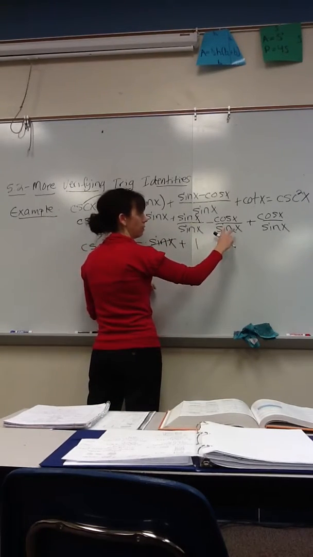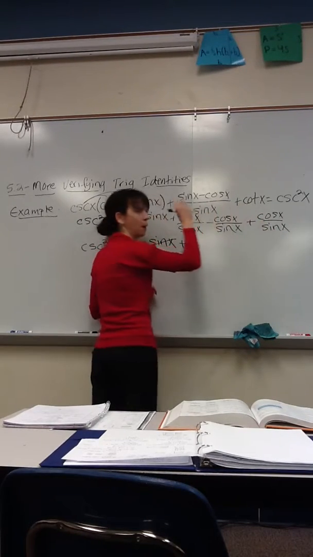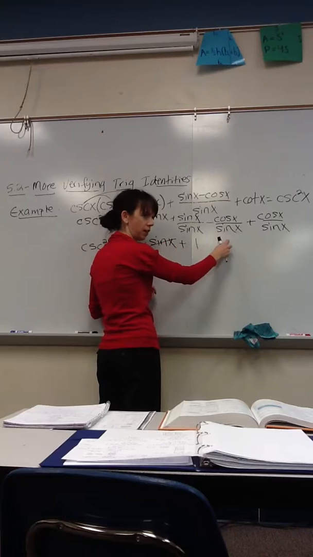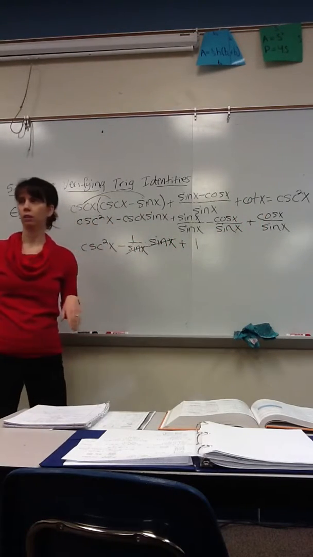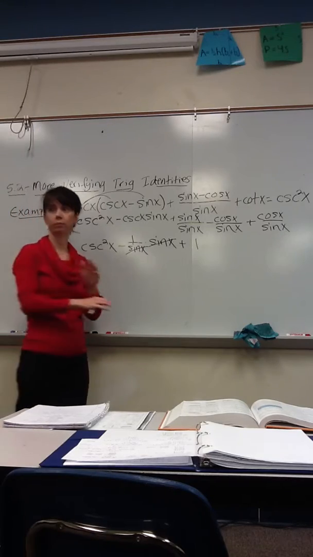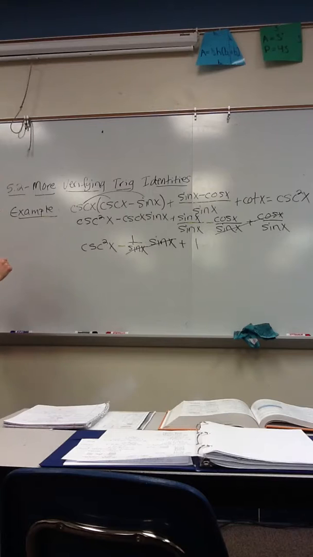Now look at this. We have minus the cosine of x over the sine of x plus the cosine of x over the sine of x. Cancel out. They're gone. I'm going to cross those right off. And this is what I have to work with now. It's minus 1 plus 1, so those cancel out. Okay.